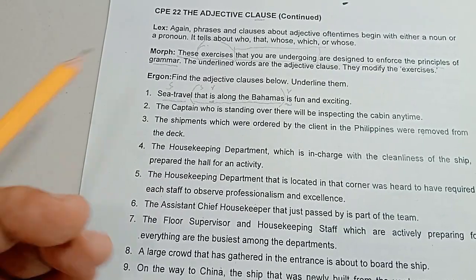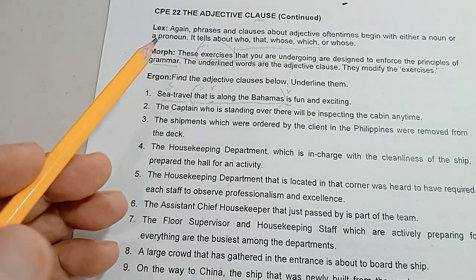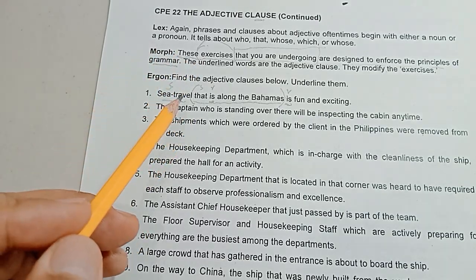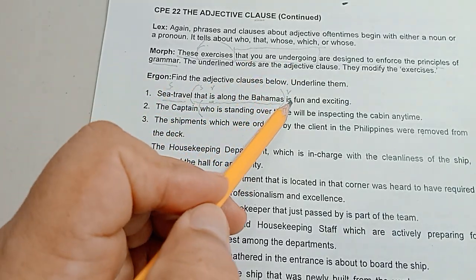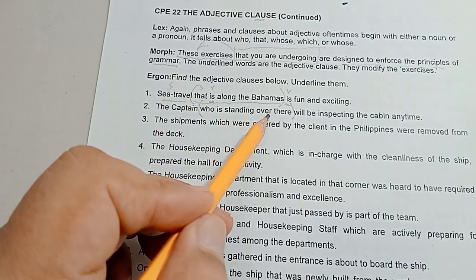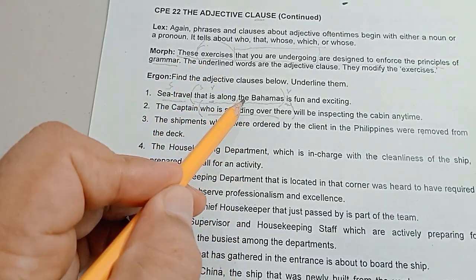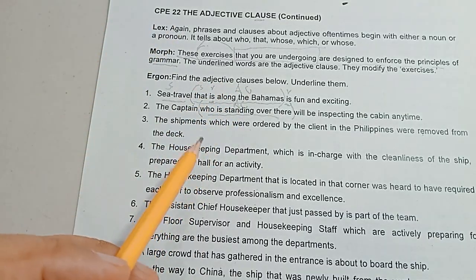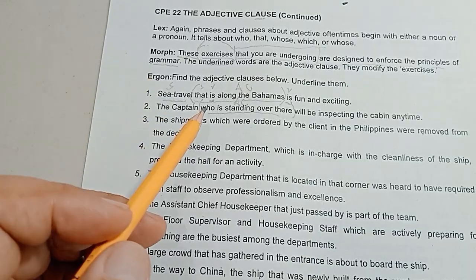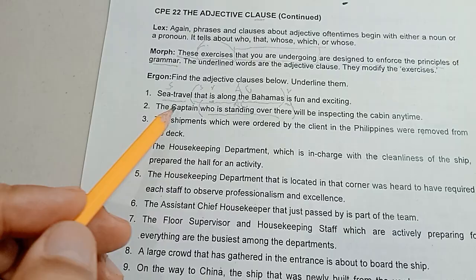Number two, the captain who is standing over there will be inspecting the cabin anytime. Okay, so who is standing over there is your adjective clause. This is your AC, and it is inserted within the sentence.